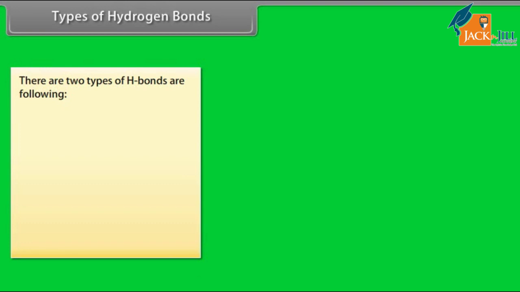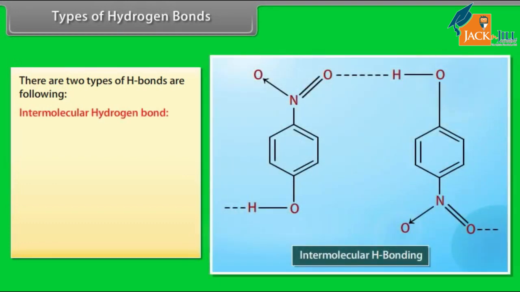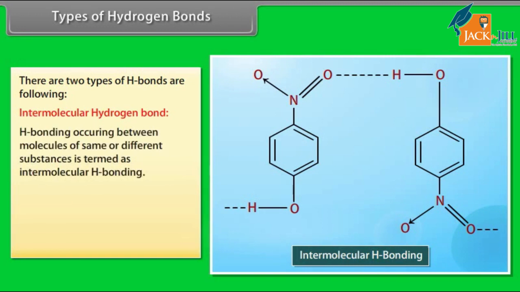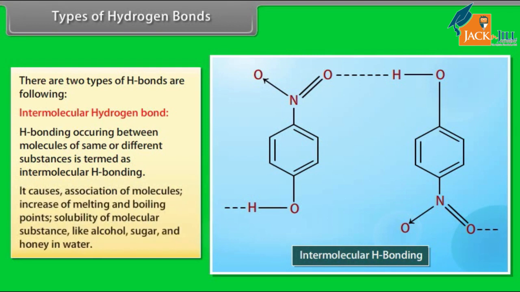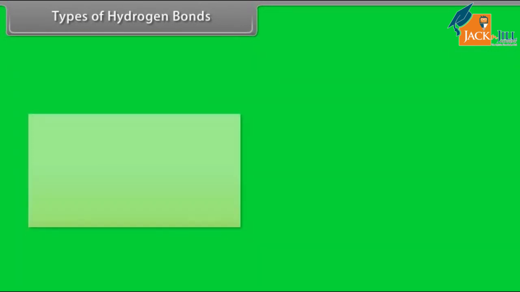Types of hydrogen bonds. There are two types of hydrogen bonds as follows. Intermolecular hydrogen bond. Hydrogen bonding occurring between molecules of the same or different substances is termed intermolecular hydrogen bonding. It causes association of molecules, increase in melting and boiling points, and solubility of molecular substances like alcohol, sugar and honey in water.